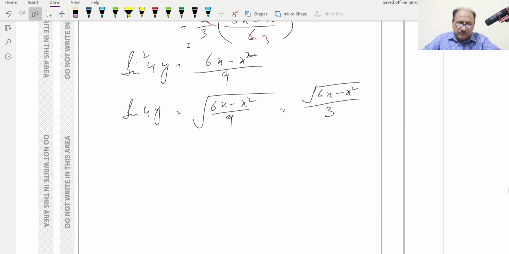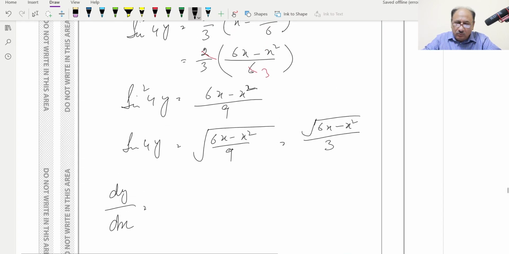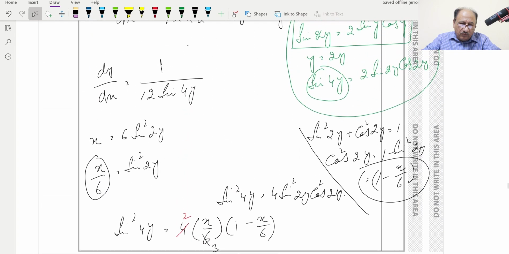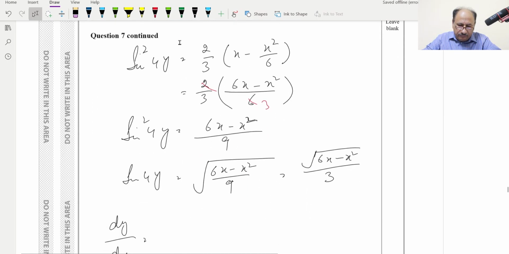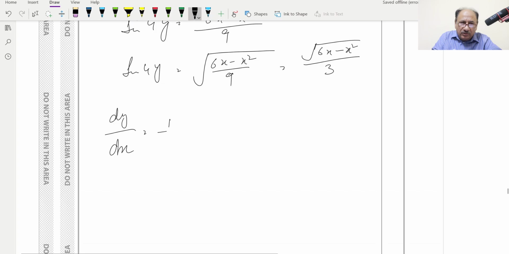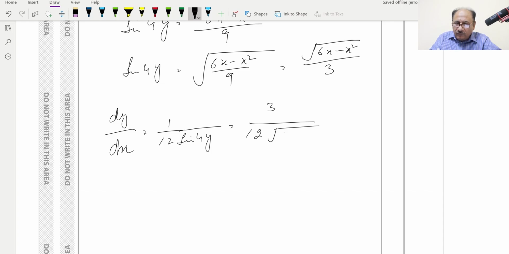And now this is basically the sine 4y value. We know that dy by dx is equal to 1 over 12 sine 4y, and we will replace it here, so we write 1 over 12 sine 4y, and this will be equal to 3 over 12 under root of 6x minus x squared.